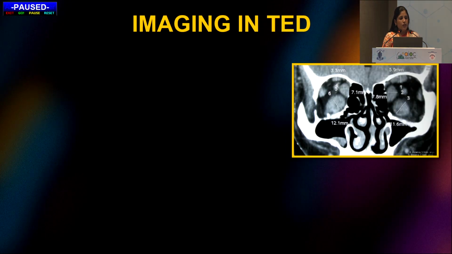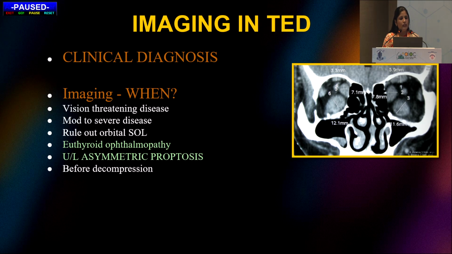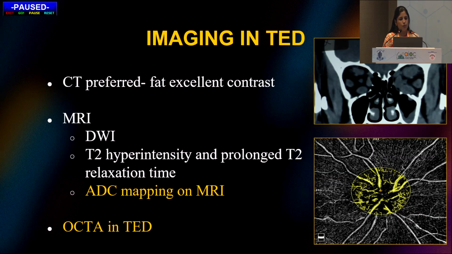So as I've emphasized, thyroid eye disease is mainly a clinical diagnosis. However, imaging would be necessary mainly in euthyroid ophthalmopathy and also in unilateral asymmetric proptosis, and also in vision-threatening disease and before decompression. When you are suspecting any cerebral pathology such as CST or CCF, then brain imaging would be necessary.